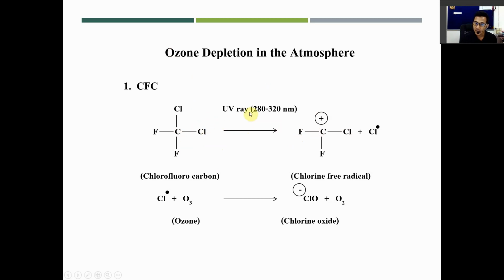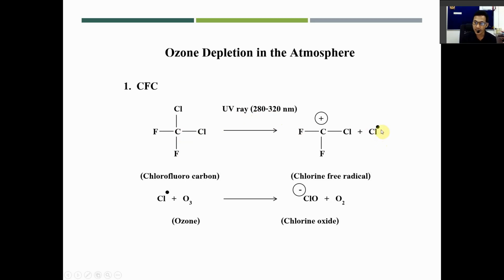If it gets activated by UV, ultraviolet ray, in the wavelength of 280 to 320 nanometers, such UV ray can cause the CFC to produce this, which looks like chlorine, right?